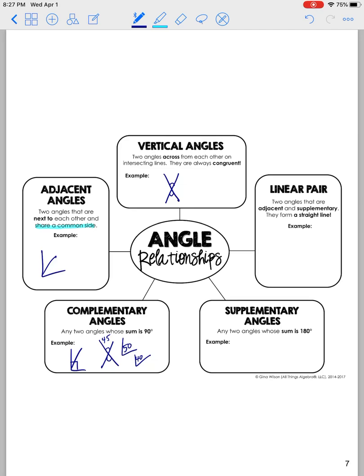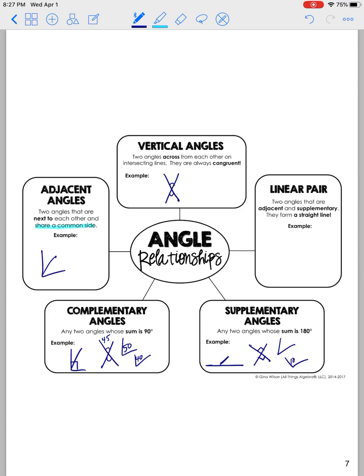Next we have supplementary. This is when you have two angles whose sum is 180. Again, they can be adjacent, meaning they can just be a line. They can be vertical and both be right angles, or they can just be independent angles that add up to 180 degrees.